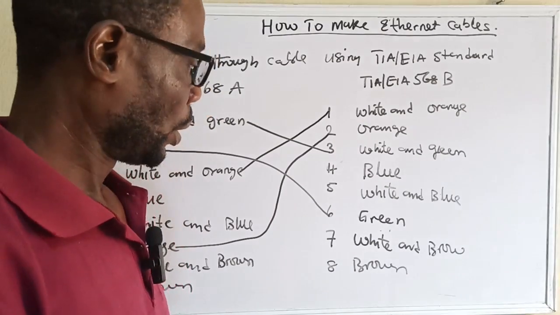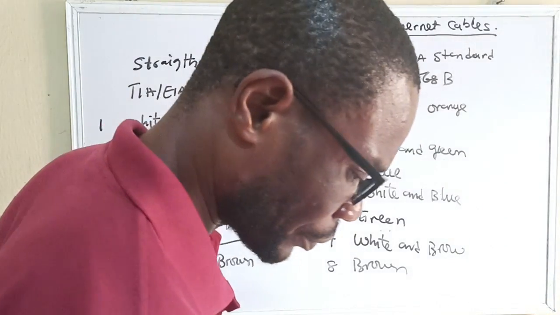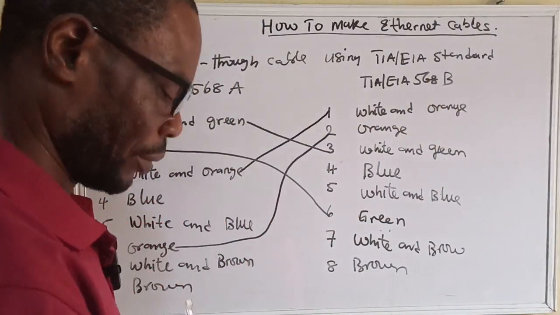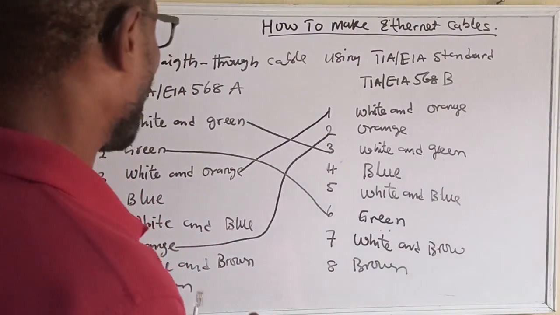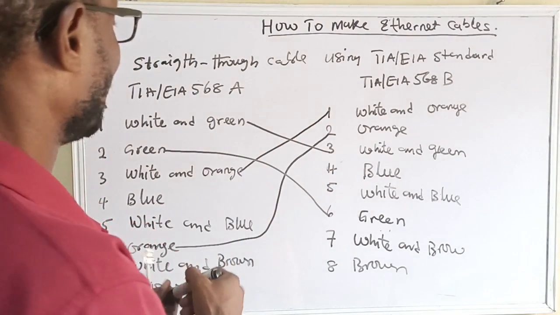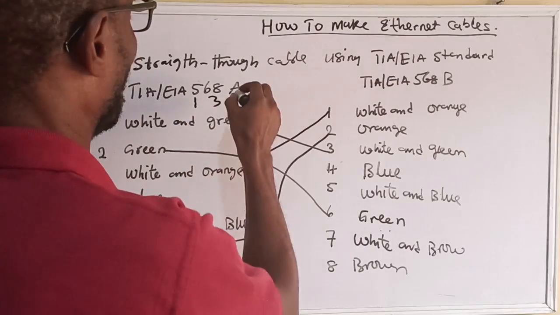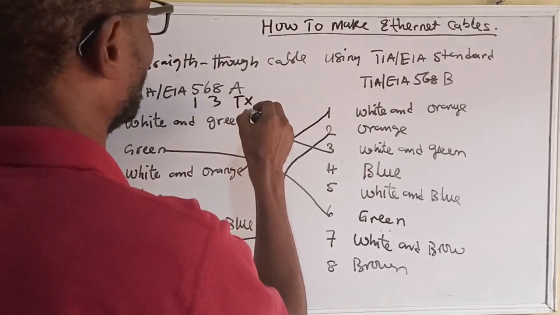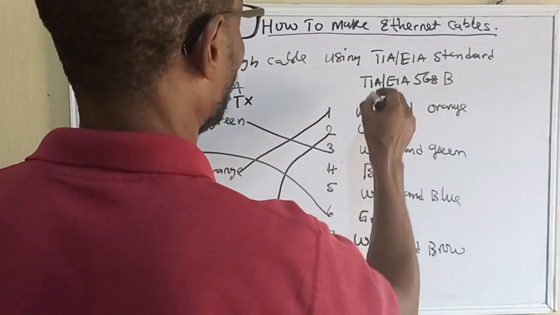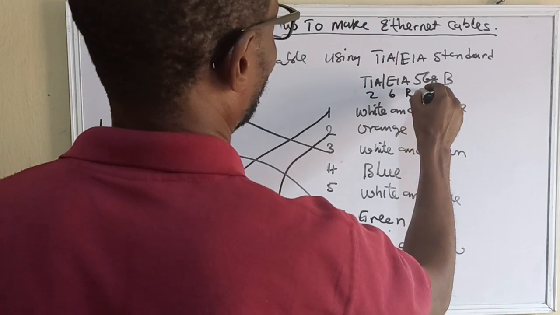So on this crossover cable, one and three here are transmit, and one, two, and six here receive.